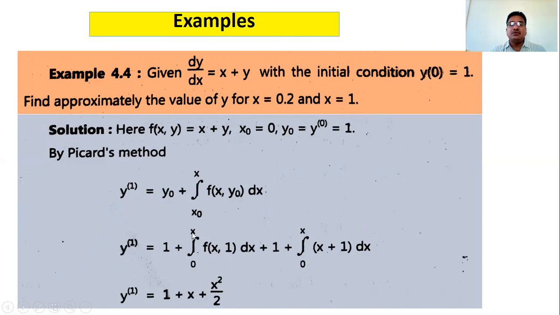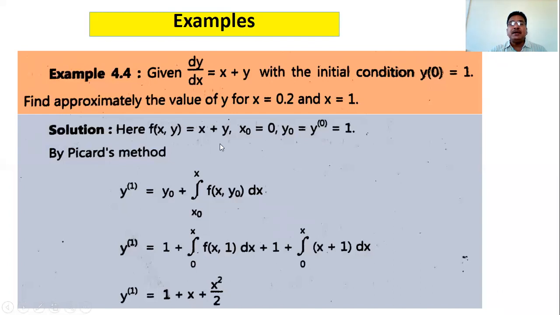So y1 equals 1 plus the integral from 0 to x of f(x, 1) dx, substituting y0 as 1.